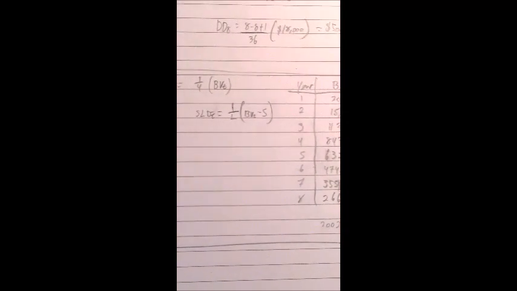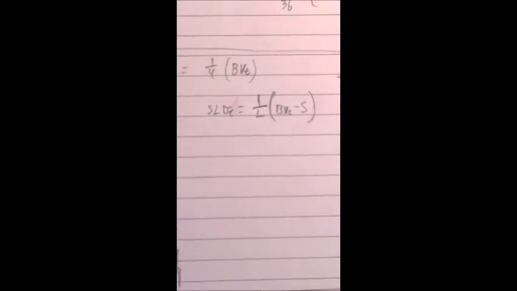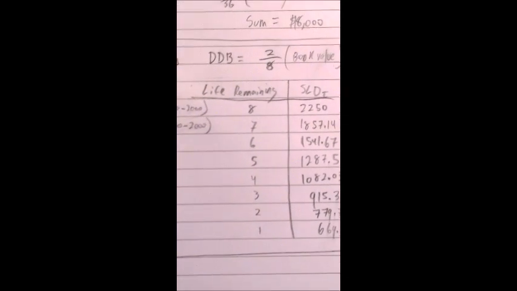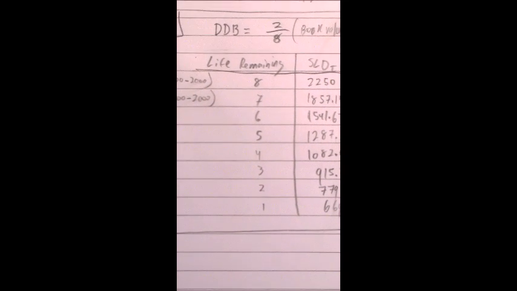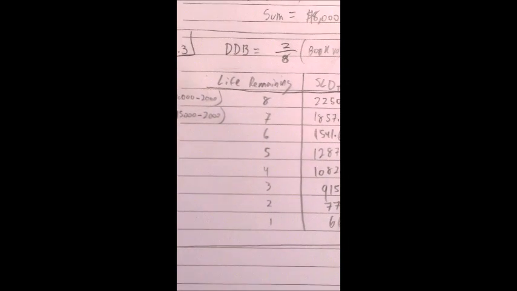But the second part of the problem was telling you that you can also compare a straight line depreciation, and they give you an equation. It's 1 over L, which is your lifetime remaining, times the book value minus S. So I put that into a table over here. So for your life remaining in your first year, since there's 8 years, you're going to have 8 years remaining.